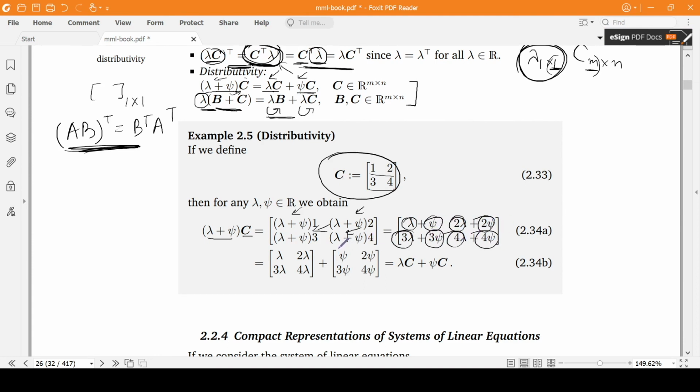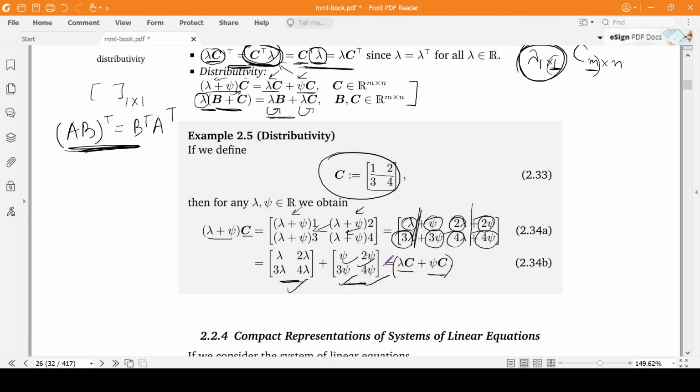Then we break them apart about this plus sign into two matrices. Looking at the first matrix, we can simply call it lambda times C, and the second matrix is simply psi times C, hence proving our property.